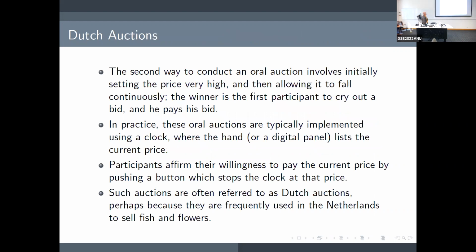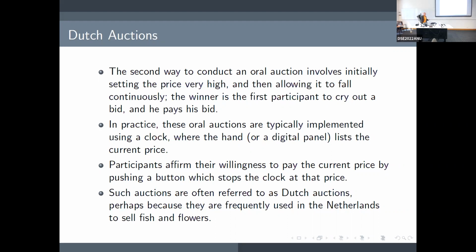The second way to conduct an oral auction is to do what they do in, say, Aalsmeer or almost any place that sells fish: they have a big clock. The clock has 100 little points around it. It starts at some extremely high price and it goes down. And then you get to stop the clock by pushing a button. What's interesting about those is, even though they're both oral auctions, the equilibrium in this, what's often referred to as a Dutch auction, a descending price auction, is that you bid less than what it's worth for you.